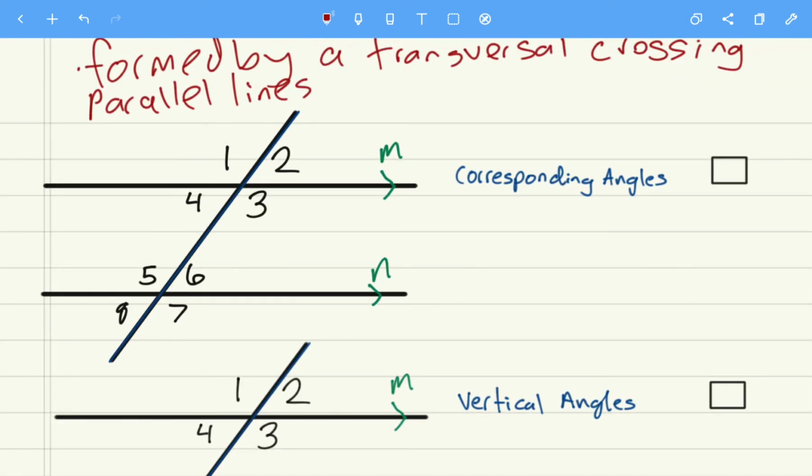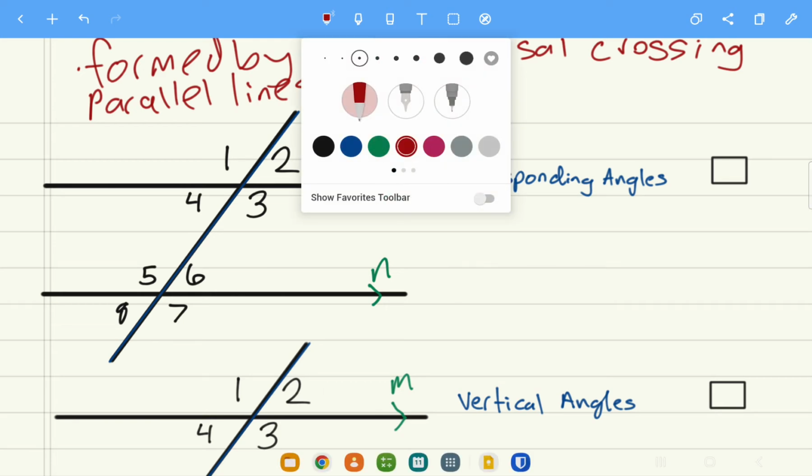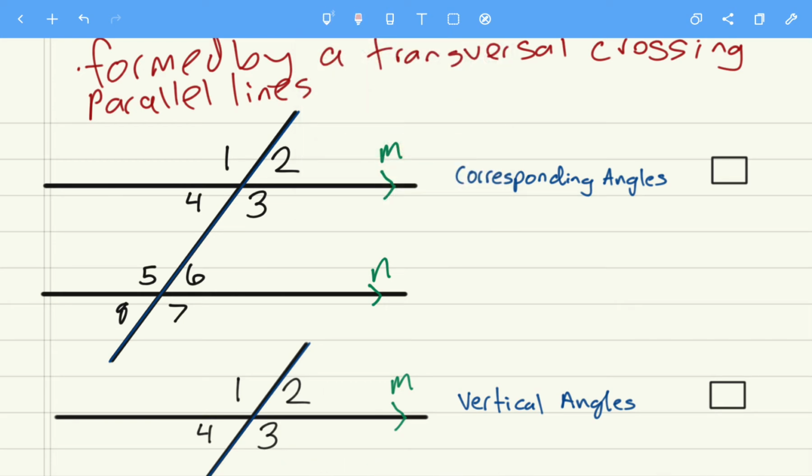The first one is corresponding angles. These are angles that are in the same corner or in the same relative location. So for example, angle 1 and angle 5 are a set of corresponding angles, so they are congruent. Corresponding angles are congruent.